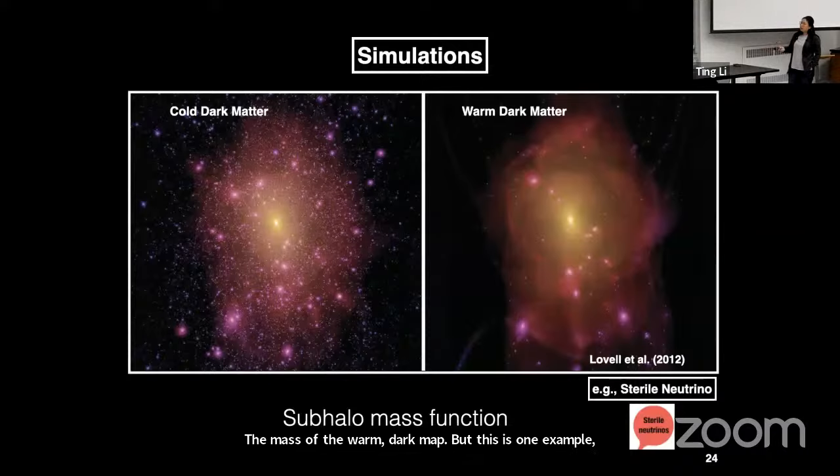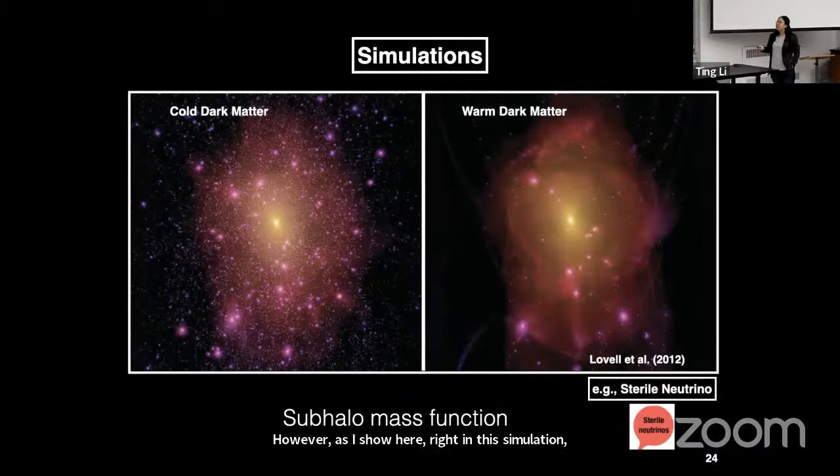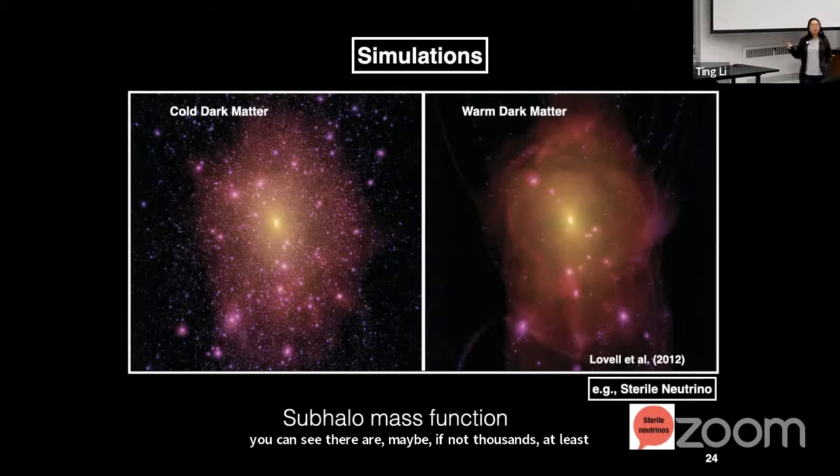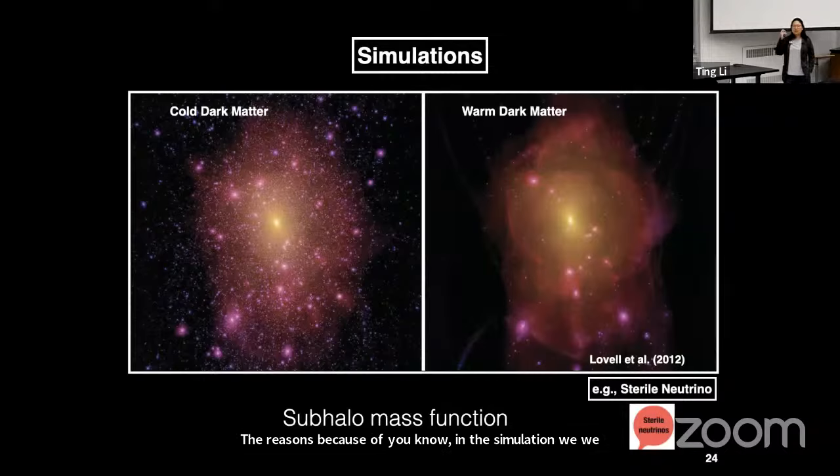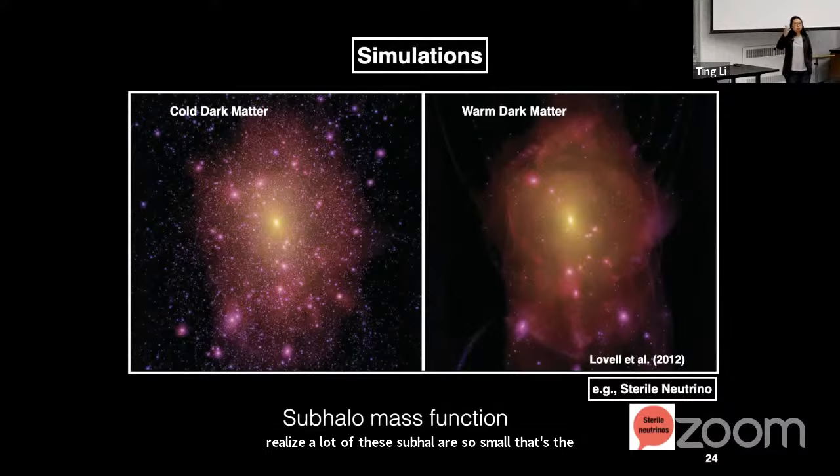However, as I show here, in this CDM simulation, you can see there are maybe, if not thousands, at least hundreds of these dark matter subhalos. But earlier I said we find about 60 satellite galaxies in our Milky Way. There's no crisis. Why? The reason is that in the simulation, we realize a lot of these subhalos are so small that they never get enough gas to concentrate and attract and then trigger star formation.